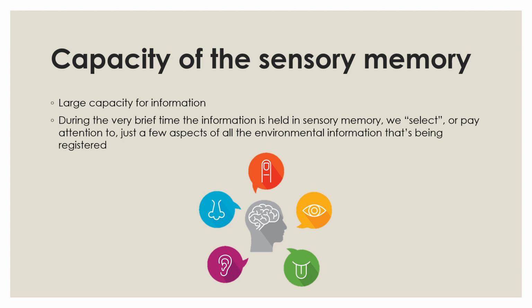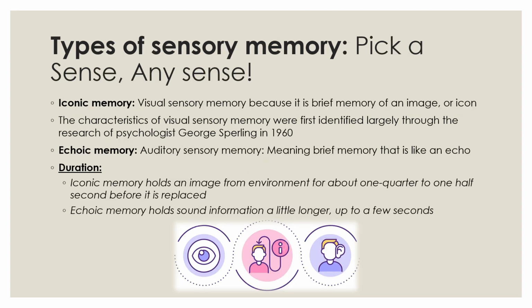Such a thing happens only in mobile phones because there's a limited capacity. During the very brief time the information is held in sensory memory, we select or pay attention to just a few aspects of all the environmental information that is being registered.